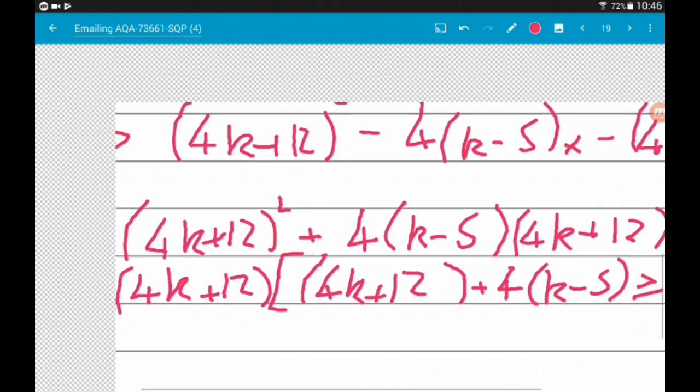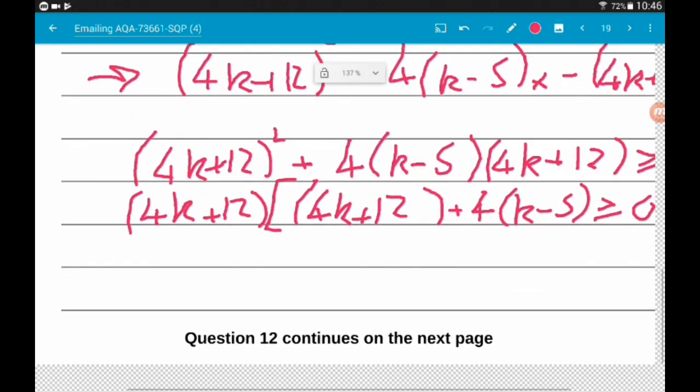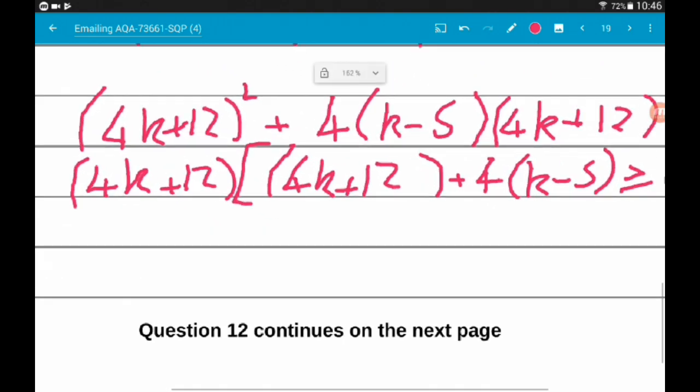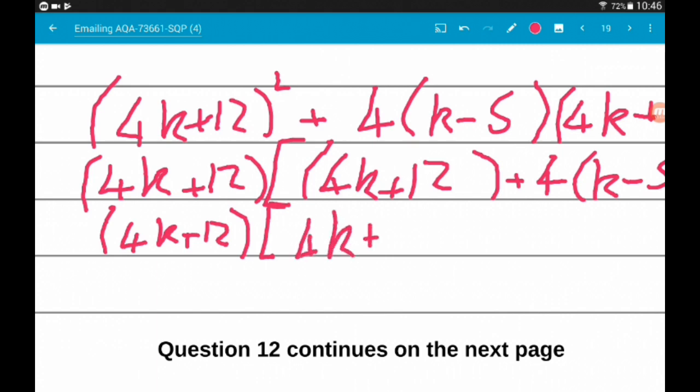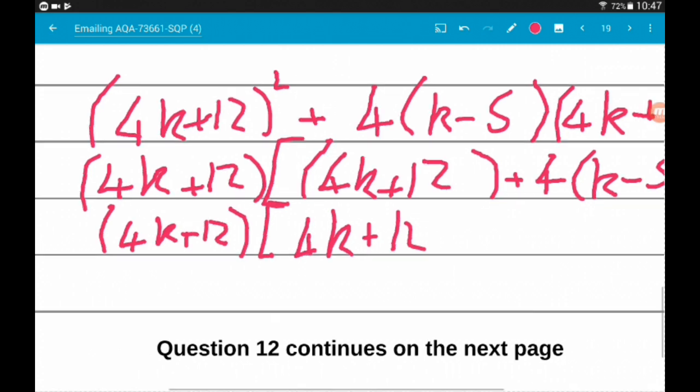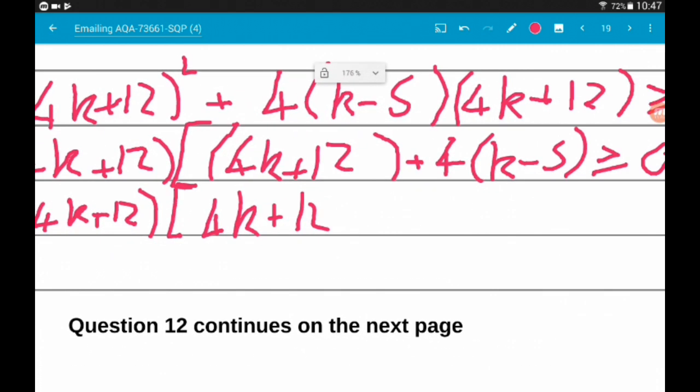Okay, so now inside of the square bracket, we can simplify a bit. So we've got (4k plus 12) times, inside the square brackets, 4k plus 12, and then we've got add 4k, and then we've got minus 20.